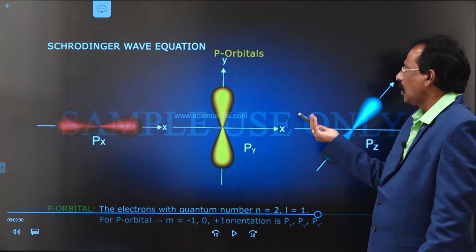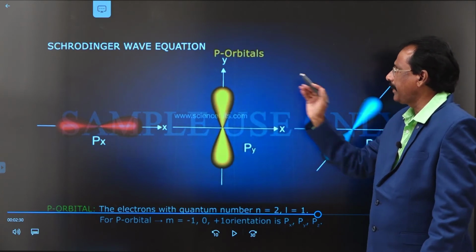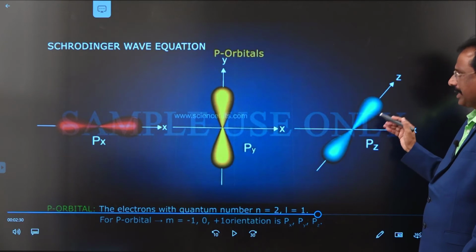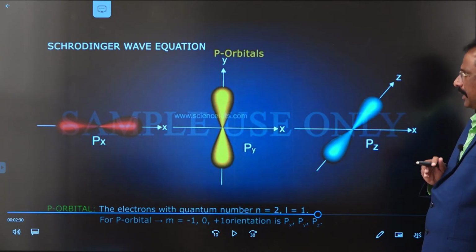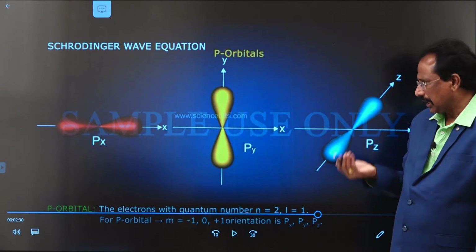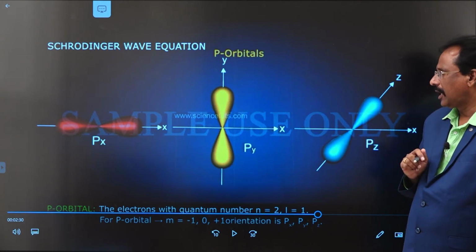So xz is the nodal plane for py orbital. Similarly, xy is the nodal plane for pz orbital. So angular probability distribution curves describe the shape of the orbitals.